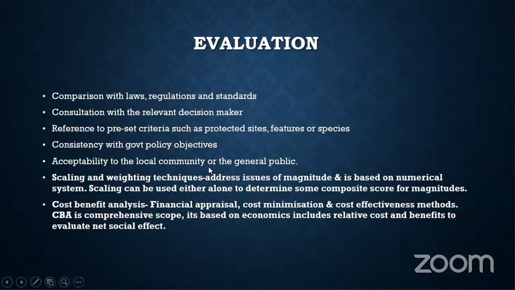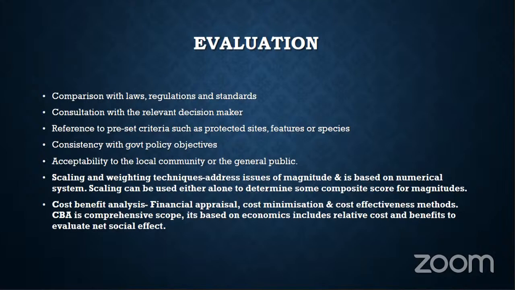We need to follow the government policy which is applicable to that project area. Then acceptability to the local community or the general public. So this is the public hearing. We need to take the opinion from the public. So what is the effect, and what are all the adverse effects they can have with this upcoming project.